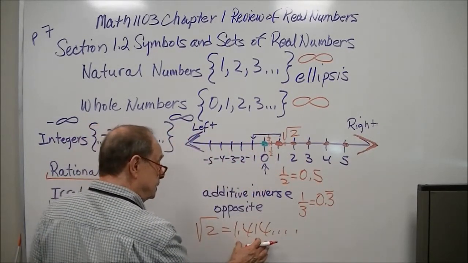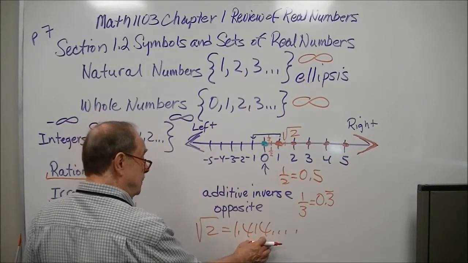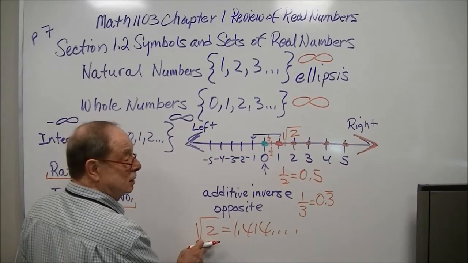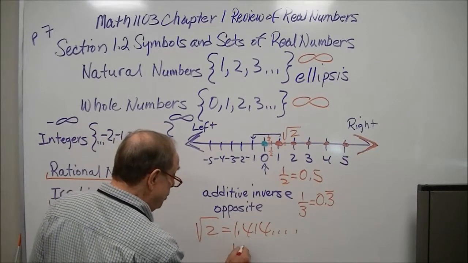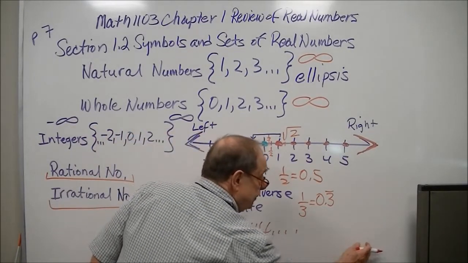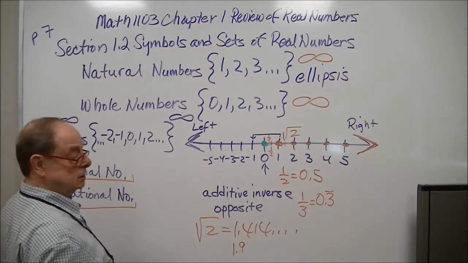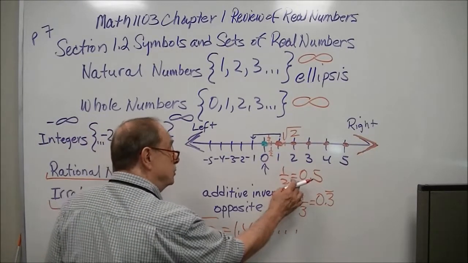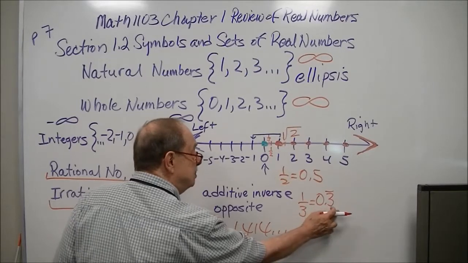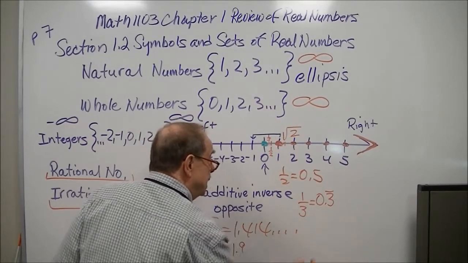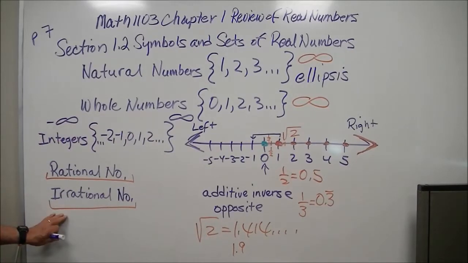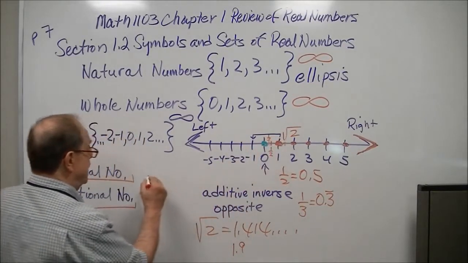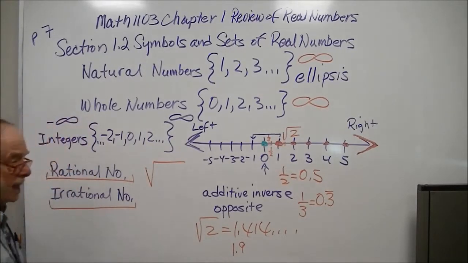Theoretically, if you take this number and multiply it by itself, you're supposed to get a 2. Well, you never quite get a 2. You get a 1.9, and it never quite makes a 2. So we say those kinds of numbers that don't terminate or repeat in a pattern, but just continue on, are the irrational numbers. And generally you can recognize an irrational number as a number under the radical sign.